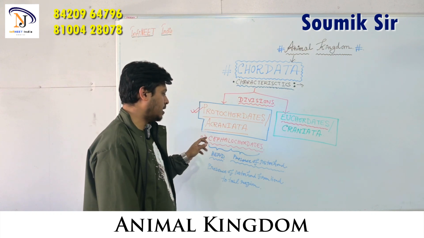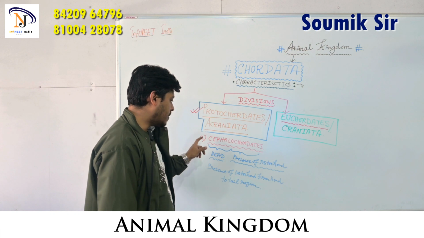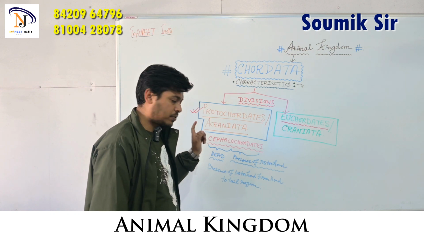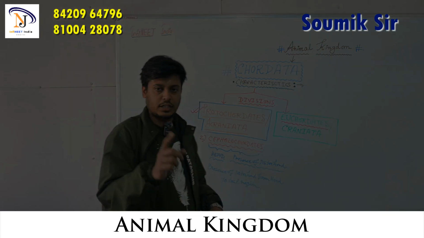First subphylum is urochordates and second subphylum is cephalochordates. The major characteristic feature of cephalochordates is the presence of notochord from head to tail region.